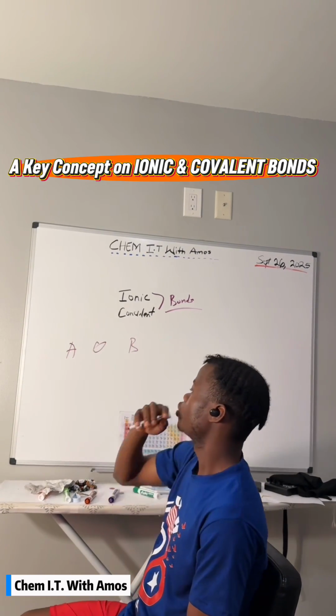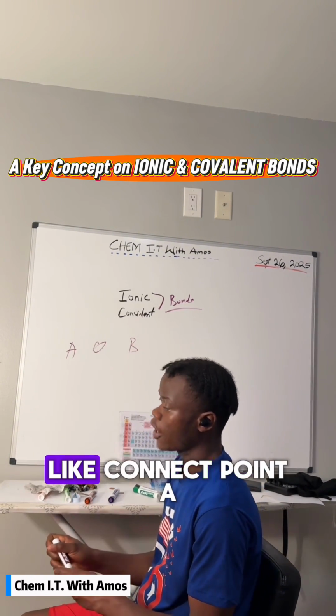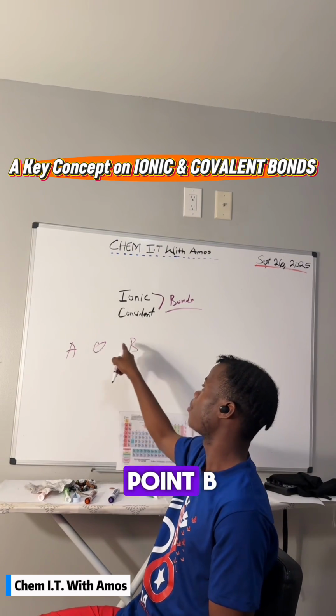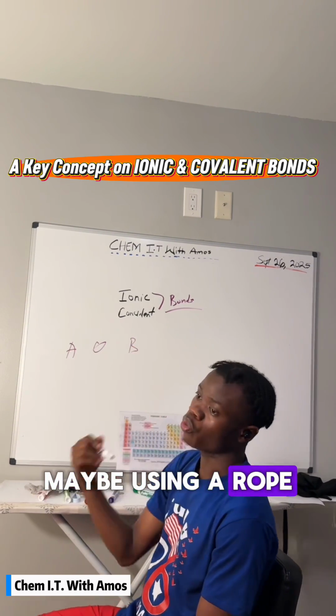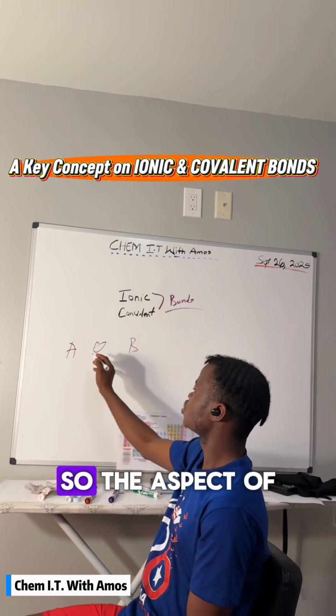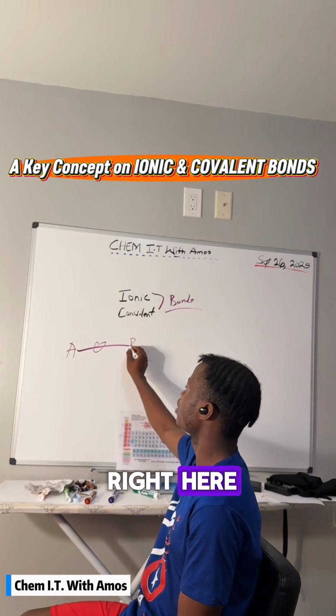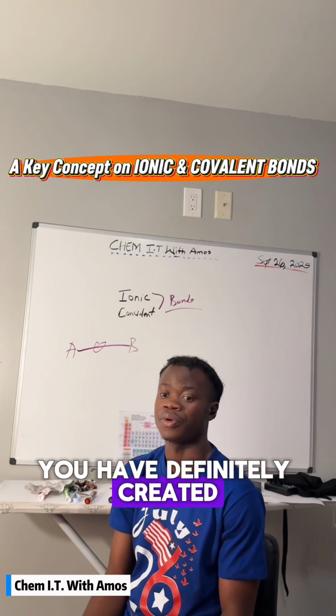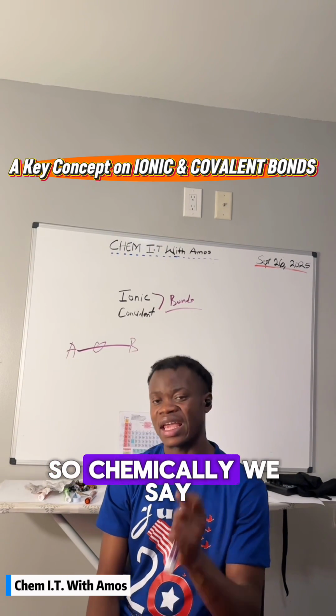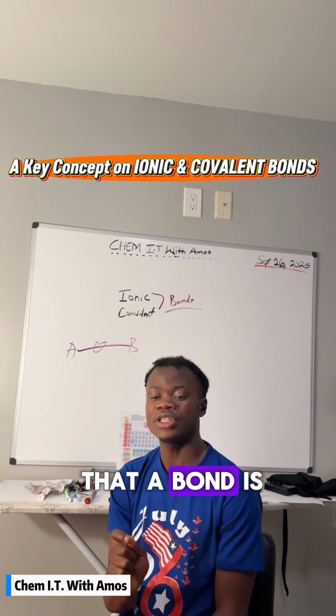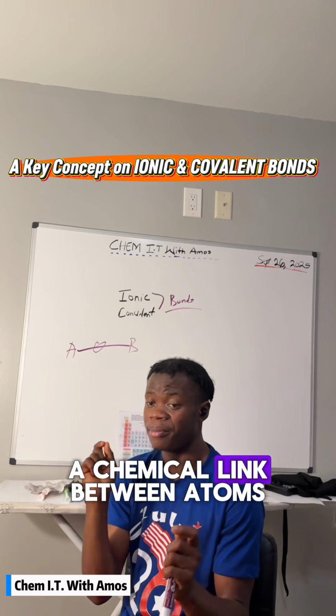If you try to connect point A to point B, maybe using a rope or something else, you have definitely created a bond. So chemically, we say that a bond is a chemical link between atoms.